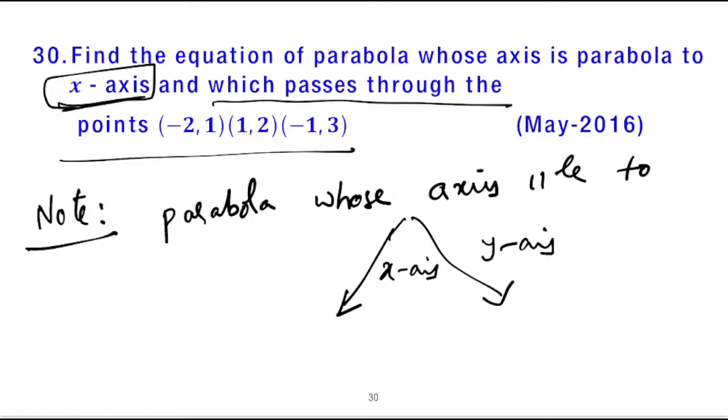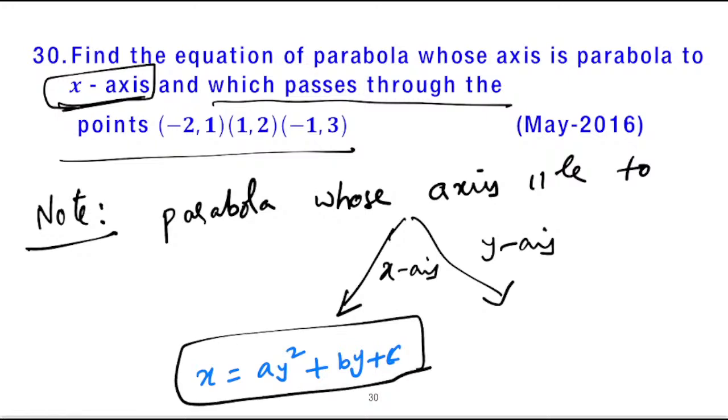Parallel to x axis means you should start with x. Remaining all are in y's. Quadratic in y. Remember that way. Parallel to x axis, start with x is equal to something like that. Parallel to y axis, start with y is equal to ax square plus bx plus c.